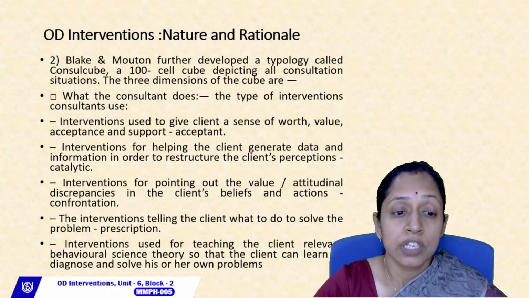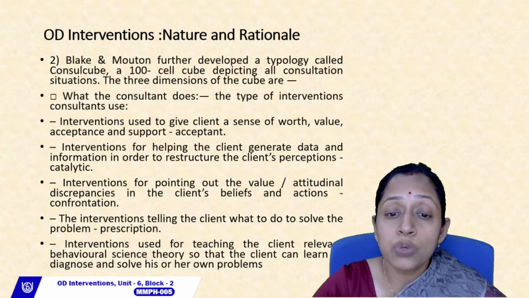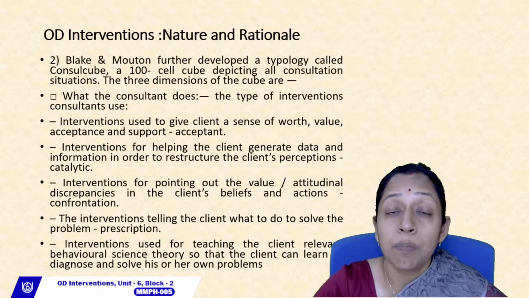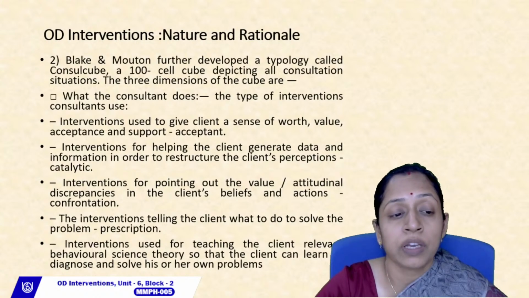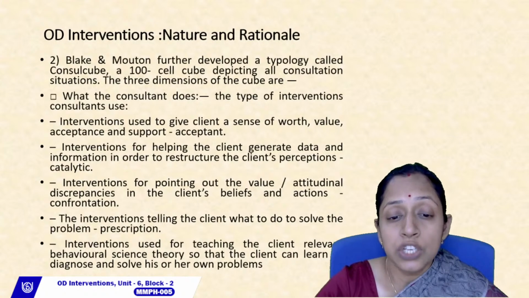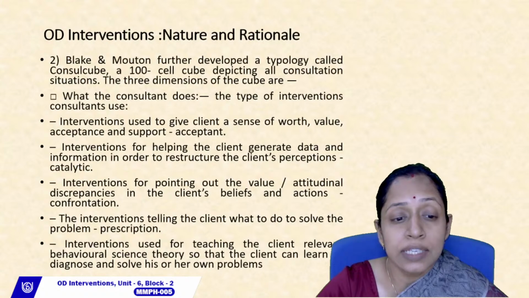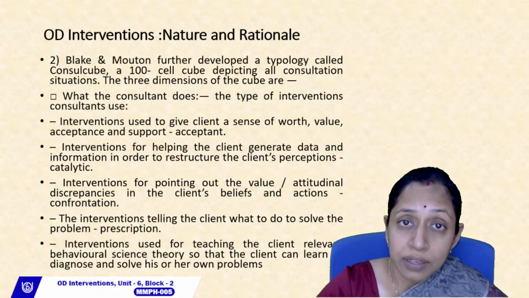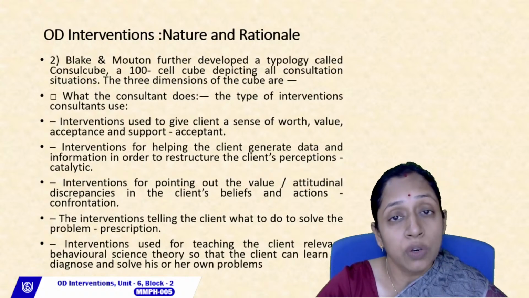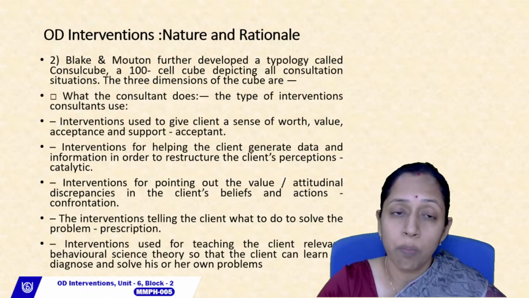Then comes the intervention telling the client what to do to solve the problem, that is prescriptive. Then interventions used for teaching the client relevant behavioral science theory so that the client can learn to diagnose and solve his or her own problems.